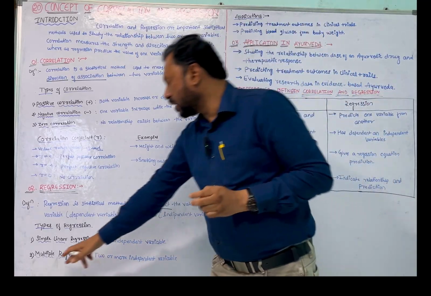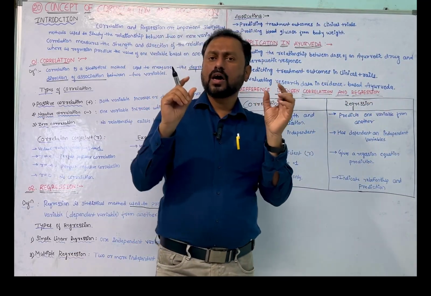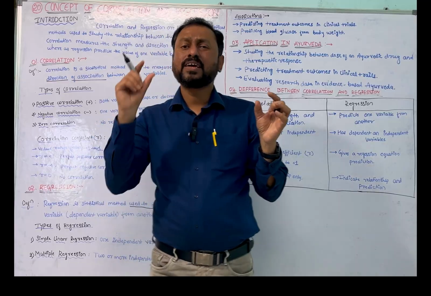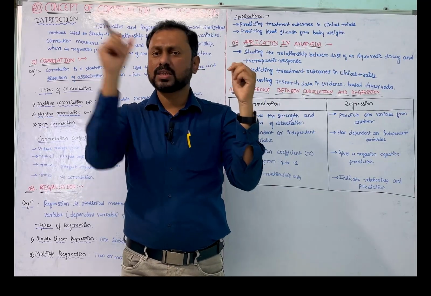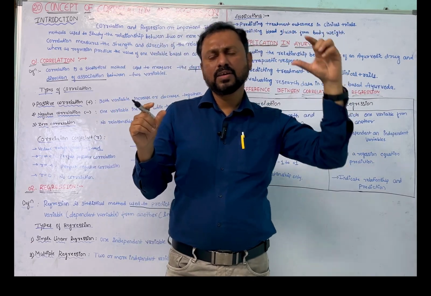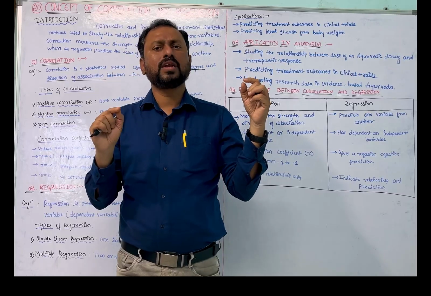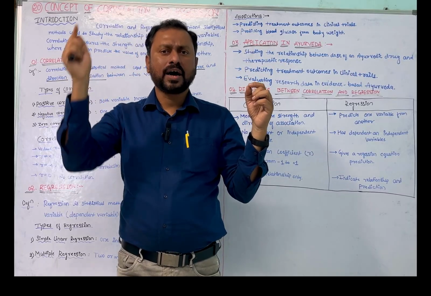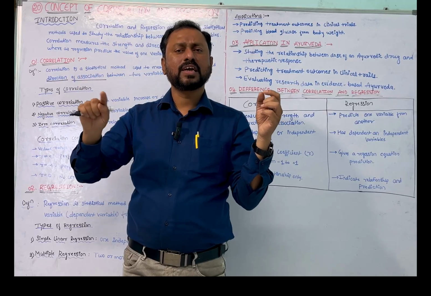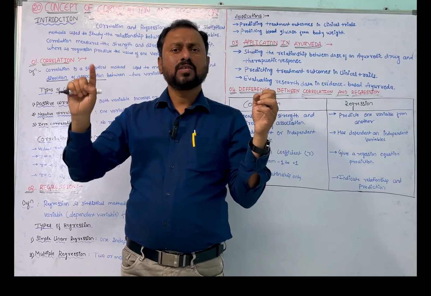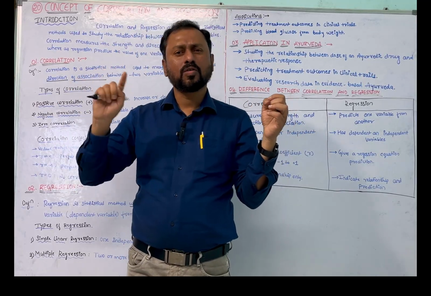The second one is multiple regression, with two or more independent variables. It means there are multiple causes, and due to them the effect changes, the final result changes. For example, the student is not studying at all, is using the mobile and watching reels, is playing continuously, and is not going to college.